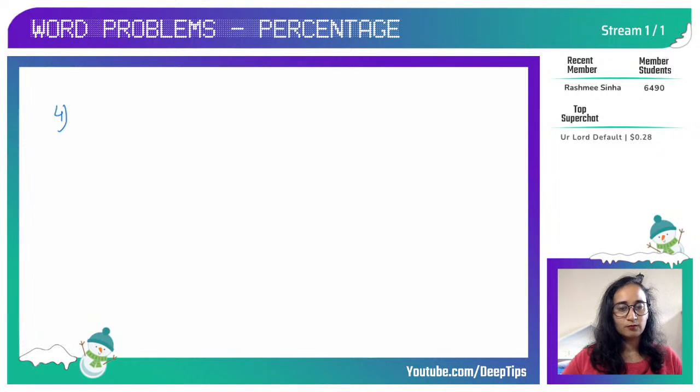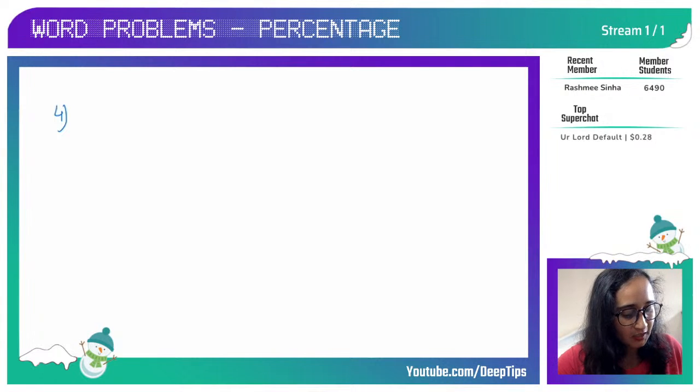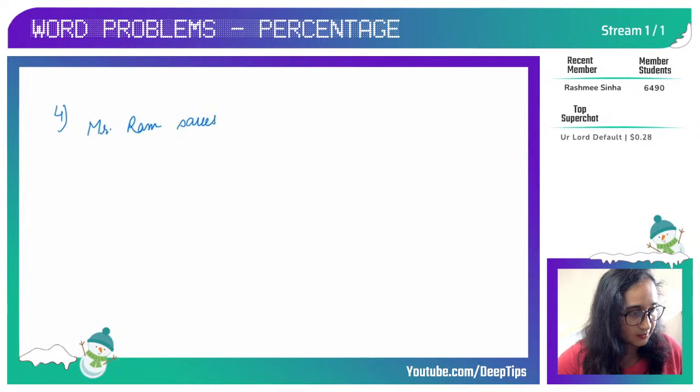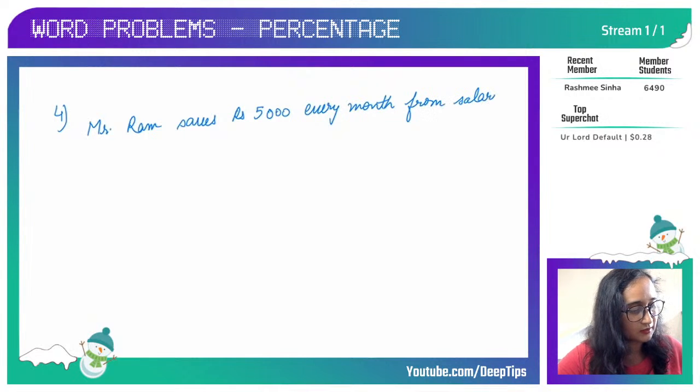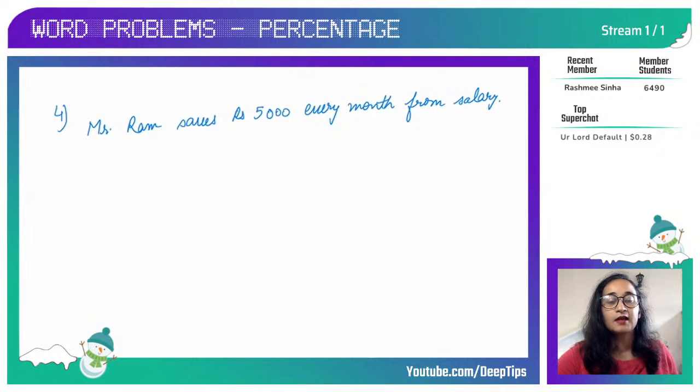But now in this question it is said that Mr. Ram saves rupees 5,000 every month from salary. So what is the difference in this question and the previous question? In the previous question we didn't know the savings, correct? But here it is given that Mr. Ram saves rupees 5,000 every month from the salary.